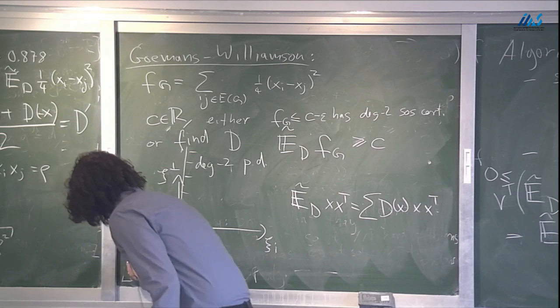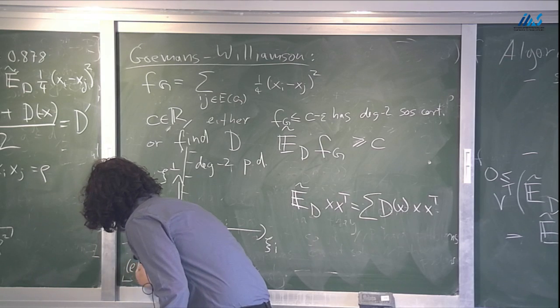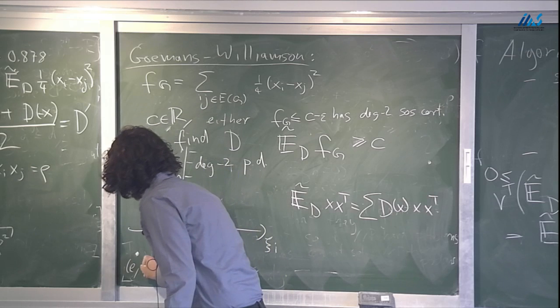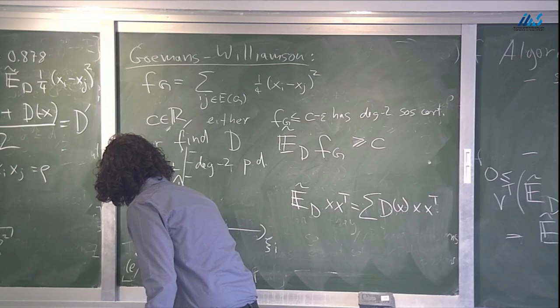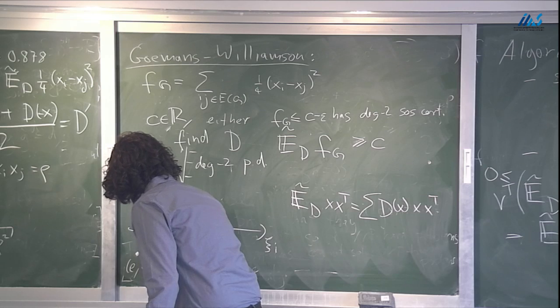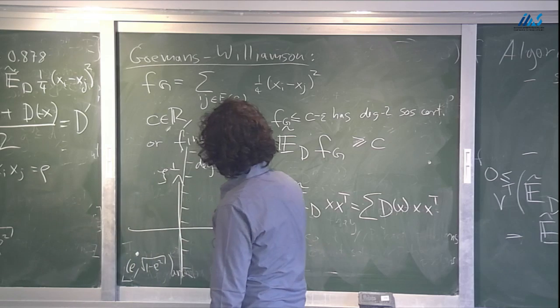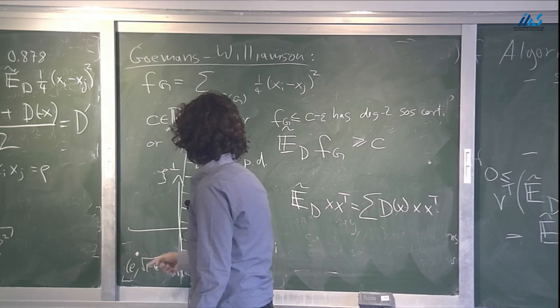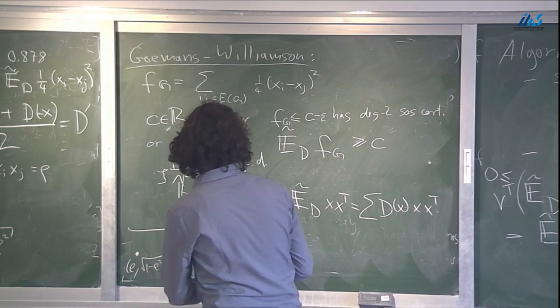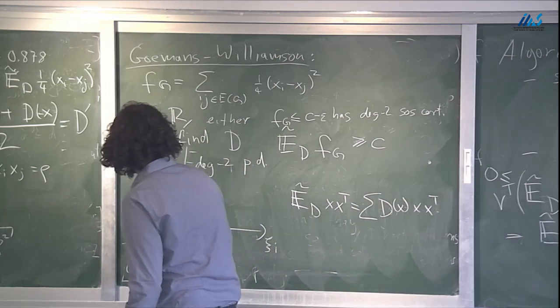So this point here is the point with coordinate rho along this coordinate and square root of 1 minus rho squared along this coordinate. Okay, it should be upstairs again.